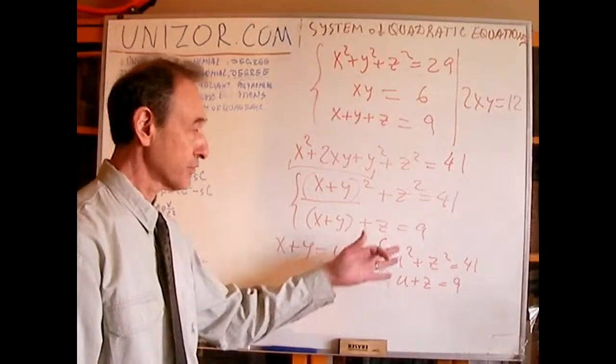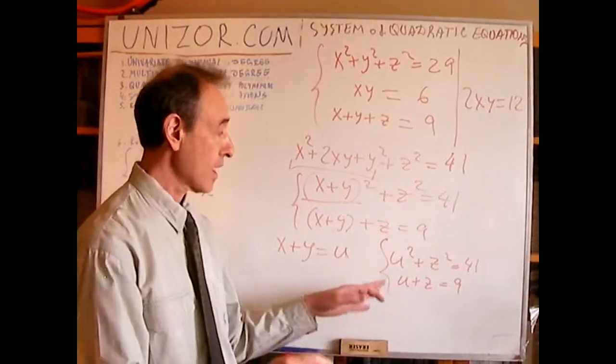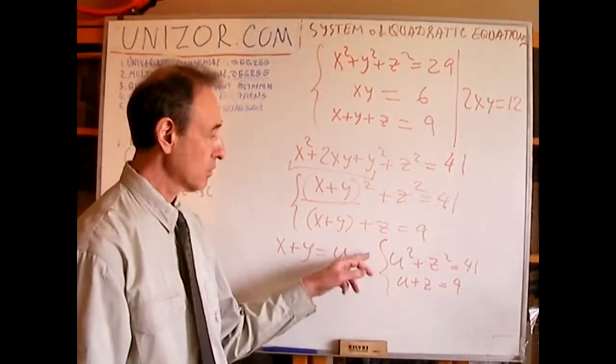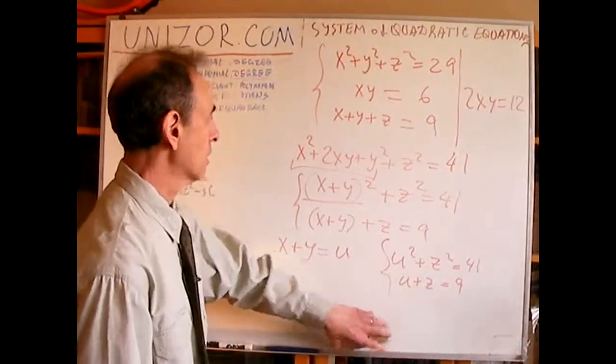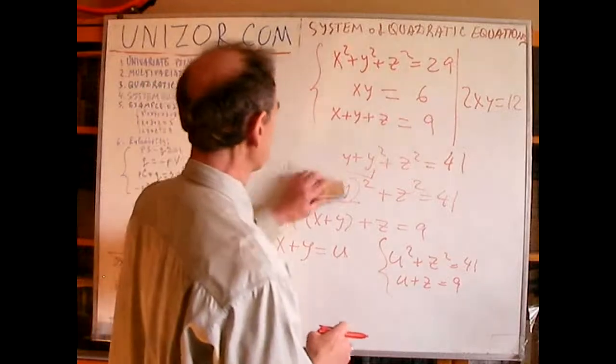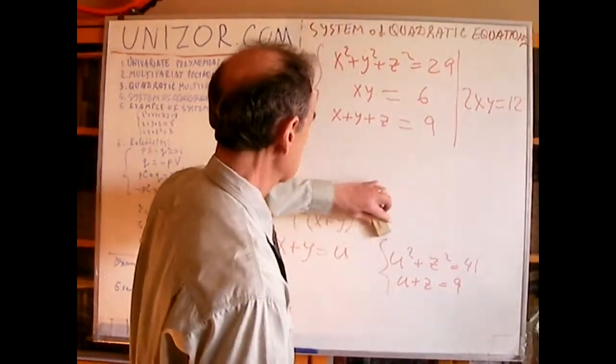This is a system of two equations with two variables. Granted, it's a quadratic system, but only one of the equations is really quadratic, the other is linear. Which means we can very easily solve it using substitution.